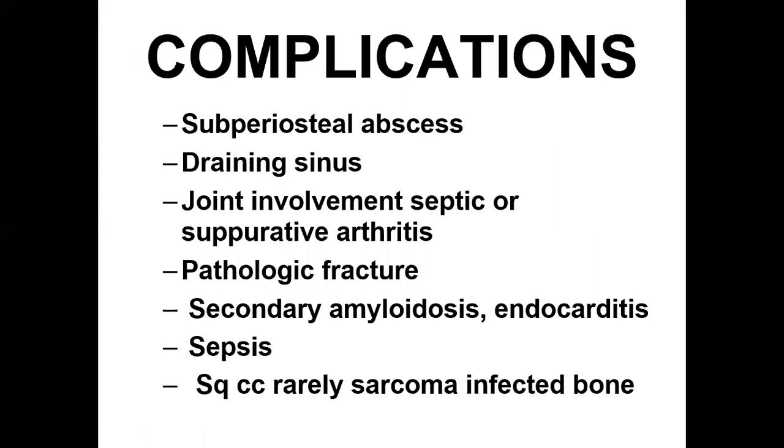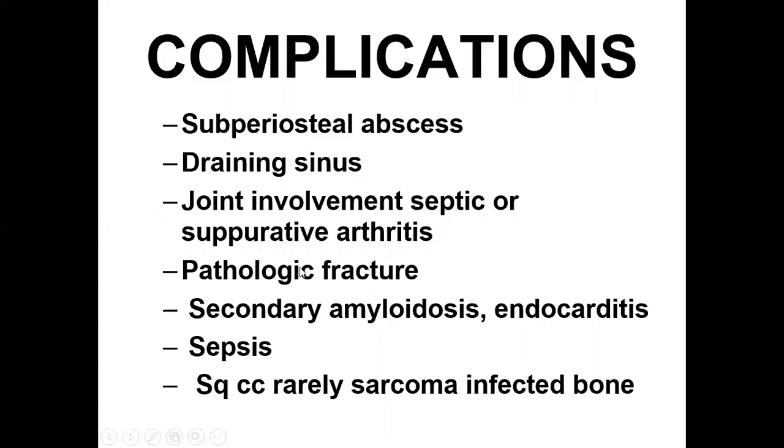So what are the complications of osteomyelitis? There may be subperiosteal abscess formation, draining sinus formation. Infection may spread to the adjacent joint, which may lead to septic or suppurative arthritis.